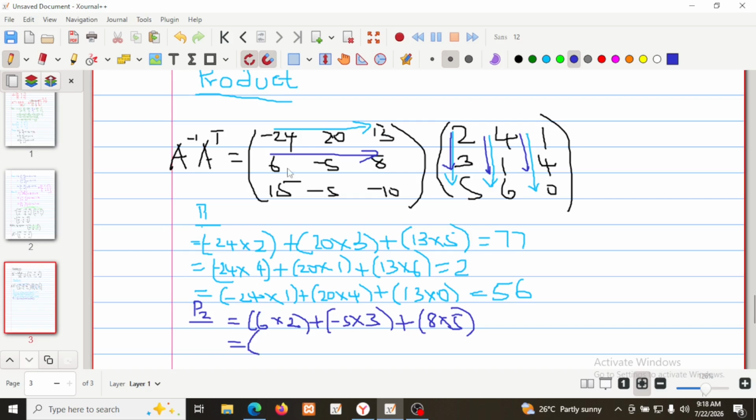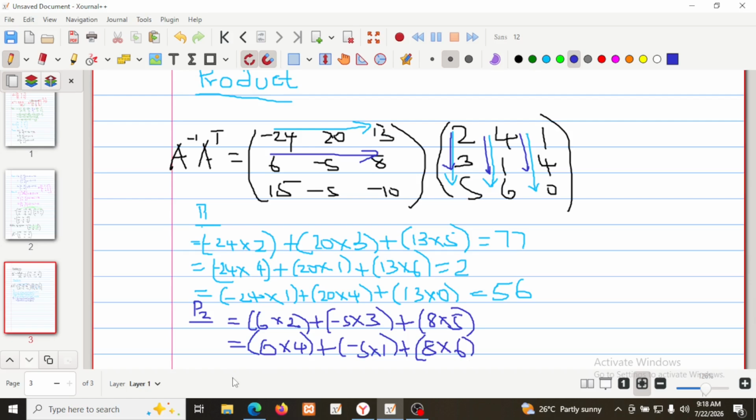Equals to next row, the same row, 6 times the second column, 6 times 4, added to negative 5 times 1 added to 8 times 6.